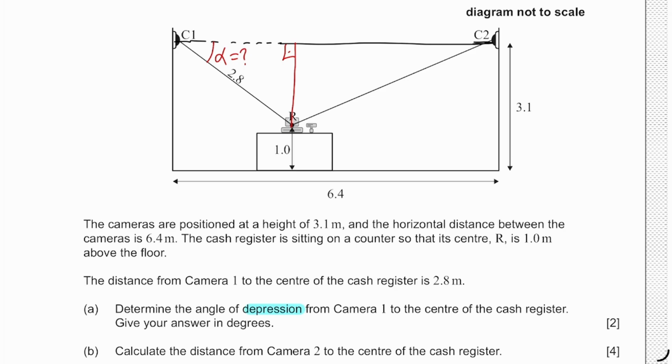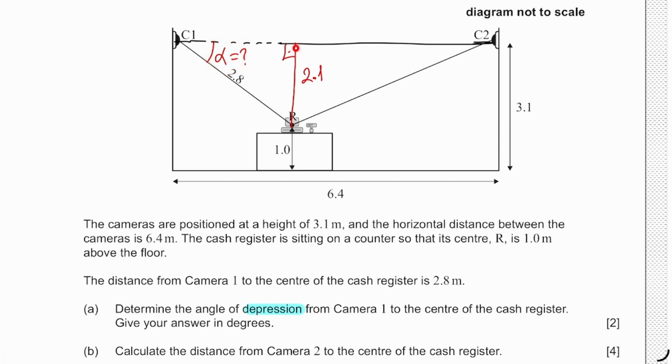Okay, so I know this one, and I know this is 1, and I know this total. So this is 3.1 total. This is 1, right? So what is left to here? It is 2.1 meters, right? 2.1 meters. Okay. Now, which ratio can I use? Sine, tangent, or cosine? So I have alpha here.